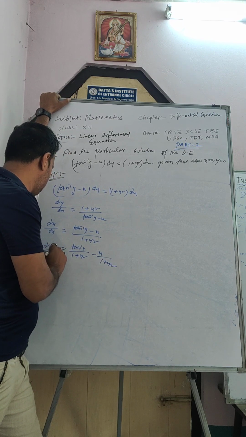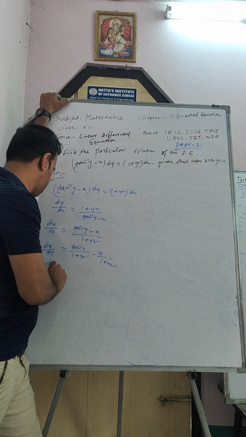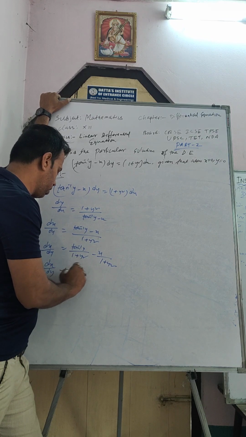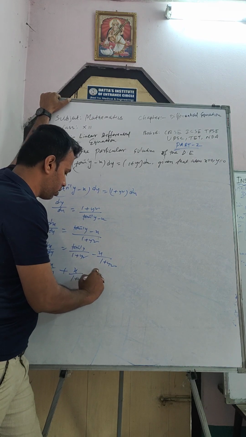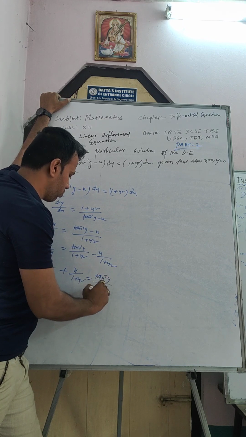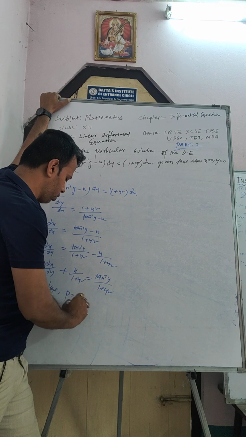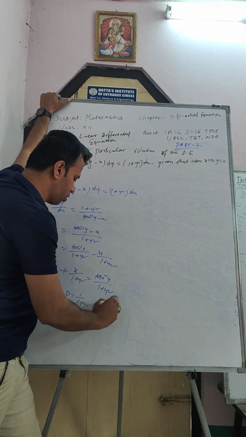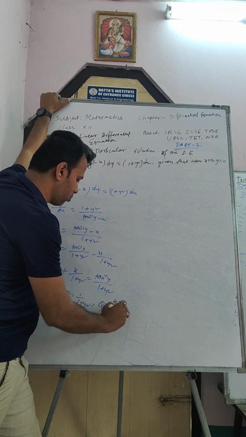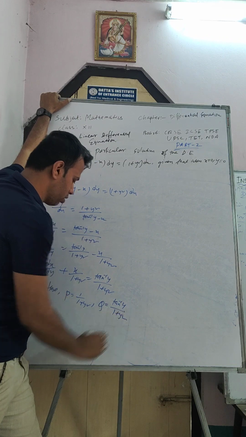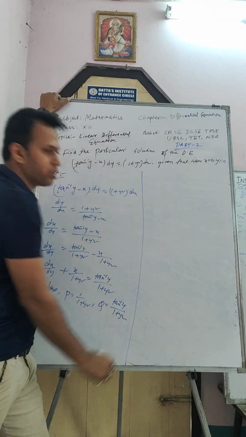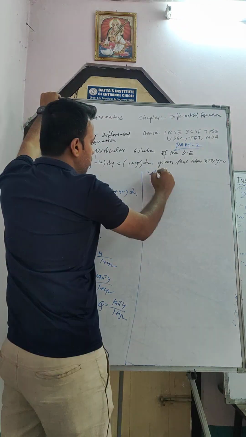So dx/dy plus x by 1 plus y square equal to tan inverse y by 1 plus y square. So here P is 1 by 1 plus y square, Q is tan inverse y by 1 plus y square. Okay, so what is the solution? The solution of the differential equation is like that.